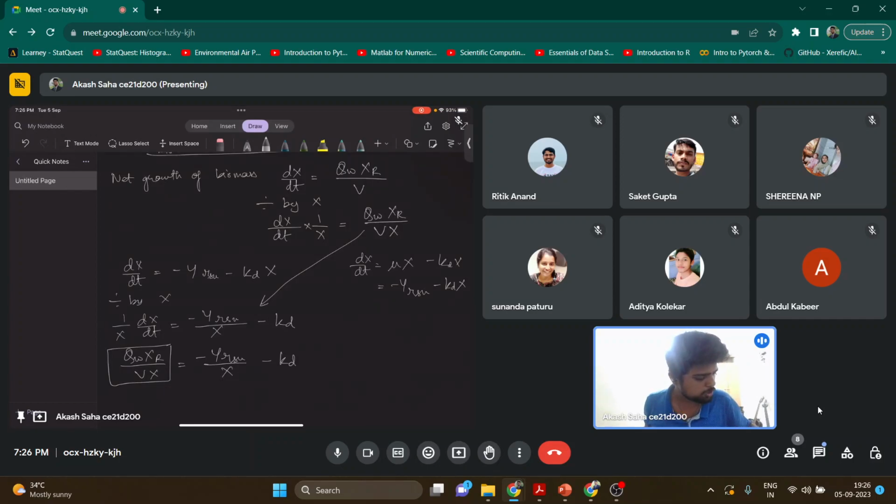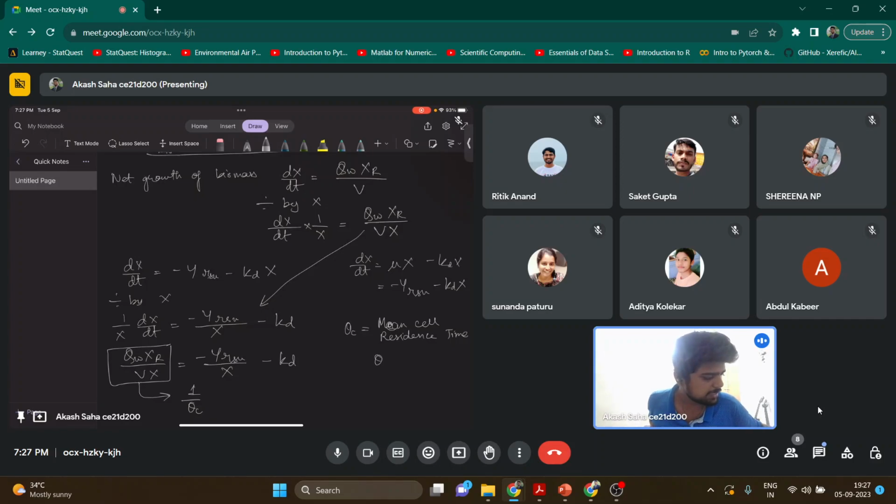Now this term is also denoted as 1 by theta c. So we are introducing a new term, theta c, the mean cell residence time. Theta c denotes how much time my biomass is present in the system.